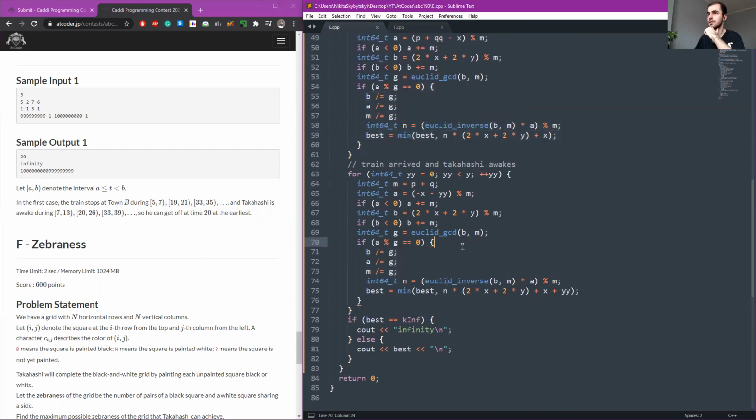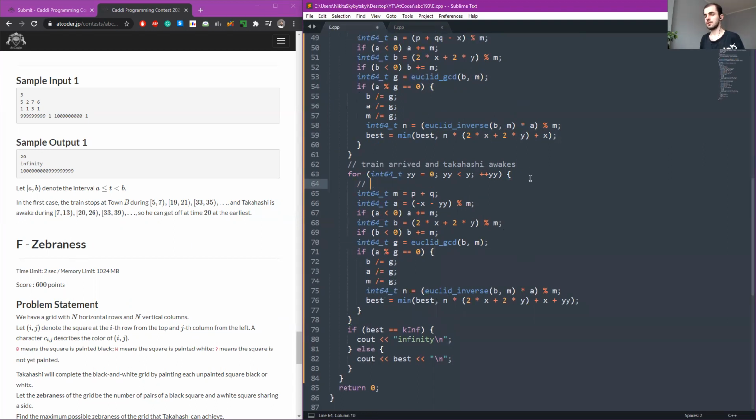Maybe this case is not exactly correct. Let's think it through again. So train arrived in there for some time.